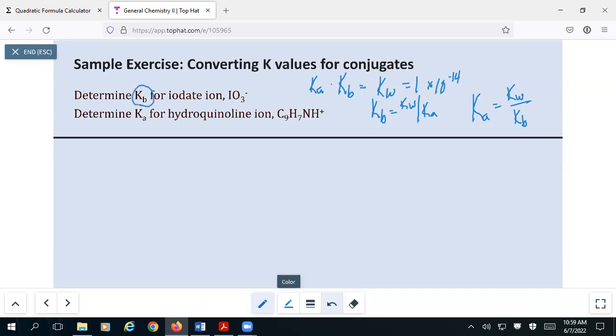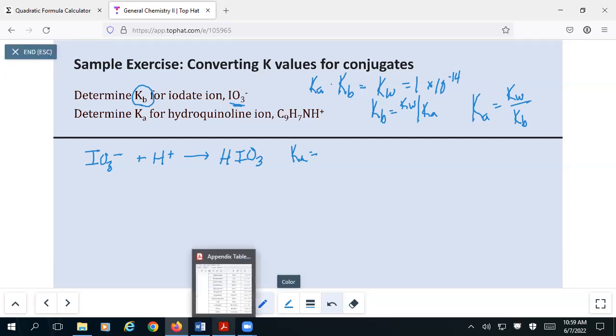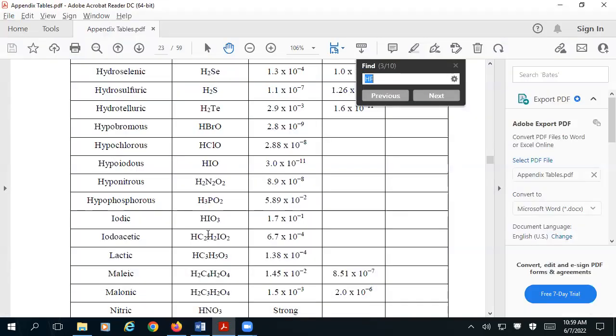So if we're looking at iodate ion, it would be the conjugate base, add a hydrogen ion, to iodic acid, HIO3. I just need to find the Ka value of iodic acid, and I'd be able to figure out the Kb value of its conjugate. To do that, I need to go to my appendix tables. Iodic acid has a Ka value of 1.7 times 10 to the negative first.